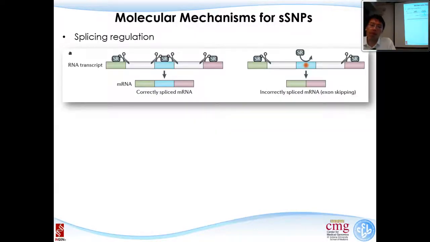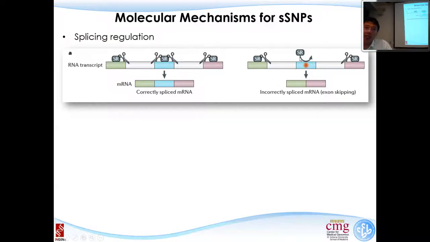Why is that? This comes back to the potential mechanism. This is the most simplified model, and I'm sure this is not how it really works. In this case there are SR proteins that bind on exon regions, and once they bind, splicing occurs here, so you end up with three different protein products and exons.